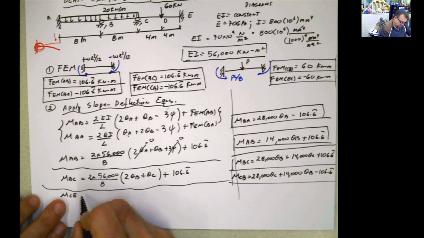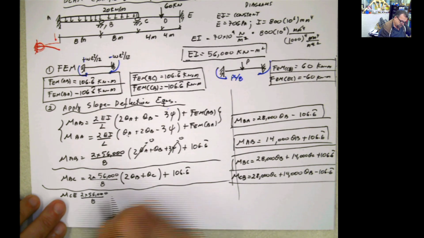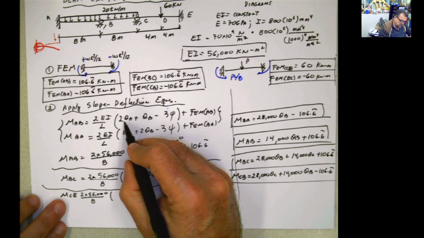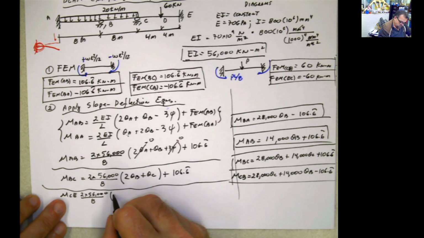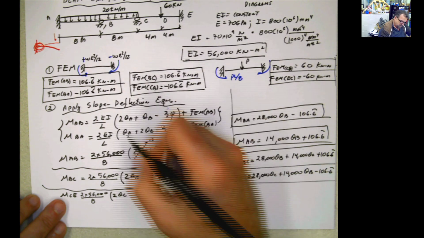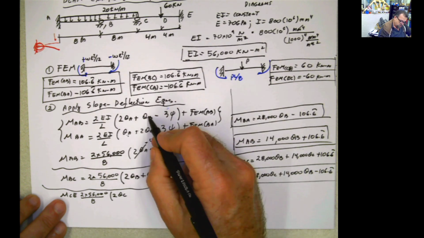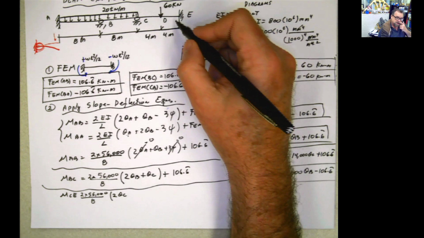I'm going to put the value, well, 2 times 56,000 divided by 8, multiplied by 2 times rotation at C, plus rotation at E. How much is the rotation there? 0.